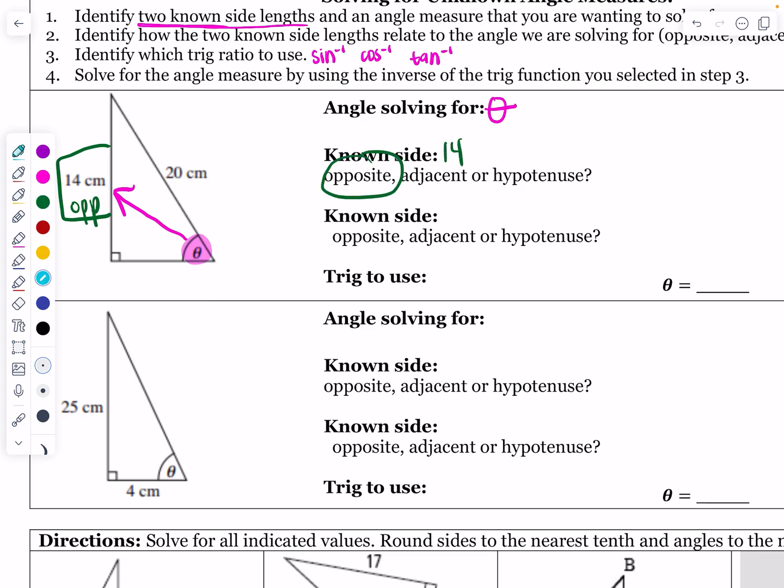I have another known side, the hypotenuse, HYP, which is across from the right angle. So I have two knowns: one's opposite and one's hypotenuse. The other one is blank. If I had one there, I could still use any of the combinations, sine, cosine, or tangent. But because I have opposite and hypotenuse, that is going to be my inverse sine button.